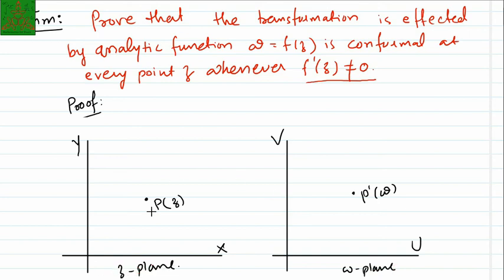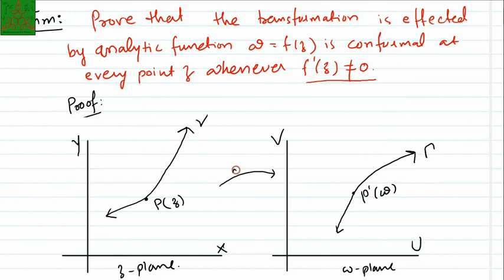Now suppose that z is moving along a curve gamma, let's consider this is your gamma curve, and P dash is moving along the curve, let's say capital gamma. So this is the image of gamma under the transformation w is equal to f of z.